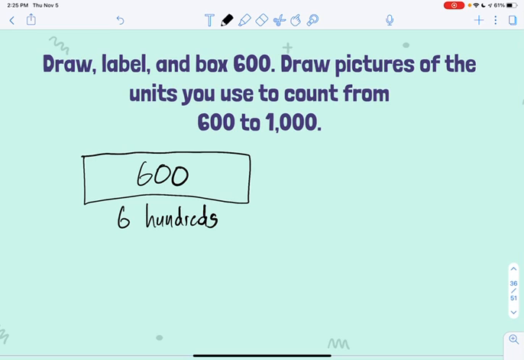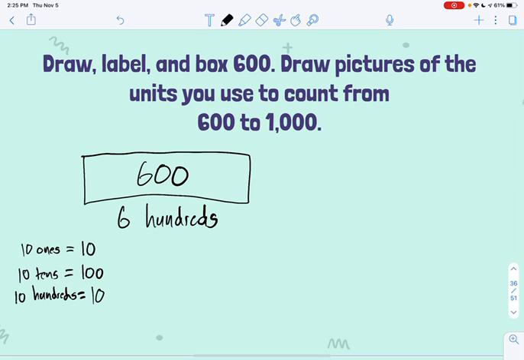Well, let's look at it like this. 10 ones equal a 10. 10 tens equal 100. So 10 hundreds equals, if the pattern follows, it would equal 1,000. And the reason why it equals 1,000 is because we're in a base 10 system. So we need 4 more to make 1,000.